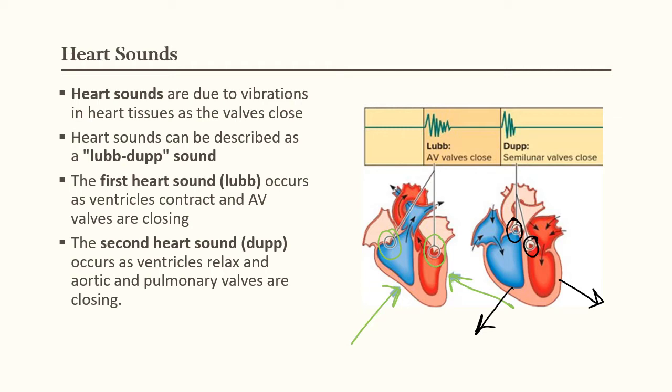What's important to understand is that the first and second heart sounds are caused by the closure of valves, but you need to know which valves, and also when they are happening. The first heart sound is happening at the beginning of systole, while the second heart sound is happening at the beginning of diastole.